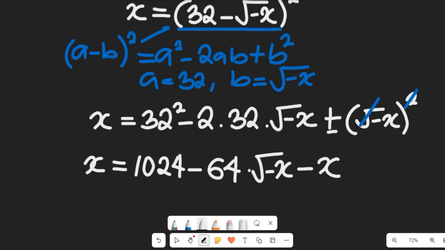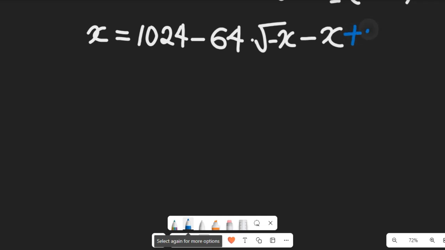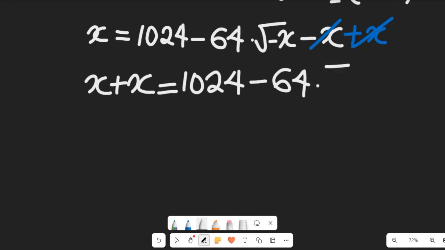Good. So in the next step, we are going to simplify further. If I simplify further, I want to add x to both sides. If I add x to both sides, definitely this will cancel out this, right? And then I'll be left with x in this part plus x in this part, which is equal to 1024 minus 64 multiplied by the square root of negative x.